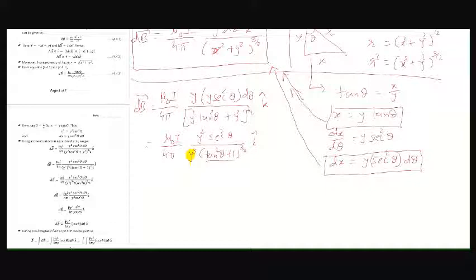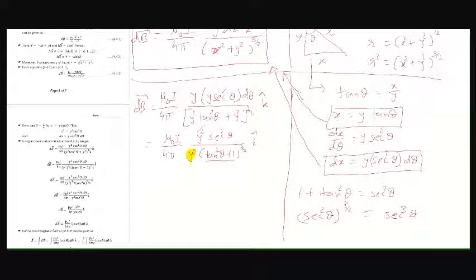This tan square theta plus 1 will give you sec square theta. 1 plus tan square theta is sec square theta. And so you have sec square theta raised to 3 by 2. What is that? It is sec cube theta.